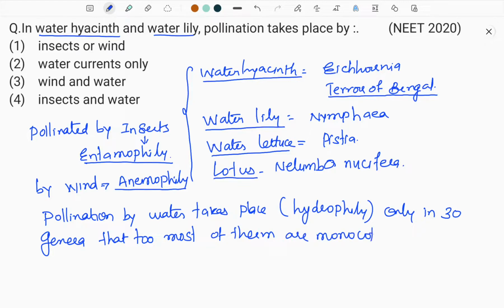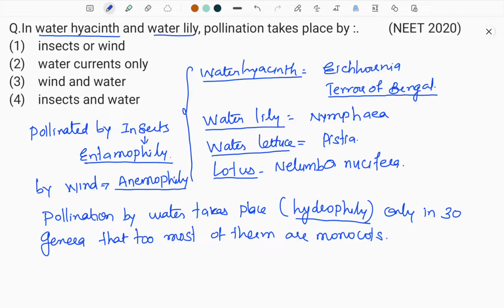Why? What is the reason that they are reluctant towards hydrophily? See, hydrophily means pollen grains should be carried by water and pollination should take place. It's very difficult because pollen grains will show passive movement. They need to be carried by the water waves, water currents, and there is no guarantee that pollen grains will reach the stigma to effect the fertilization.